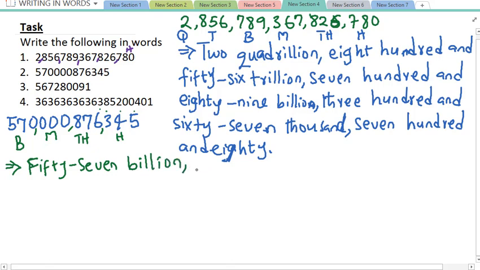Then there is no million. Because there is no million, all of them are zero. Skip million and go to the next one. 800, and let's continue here.